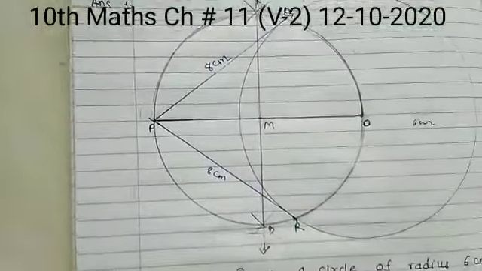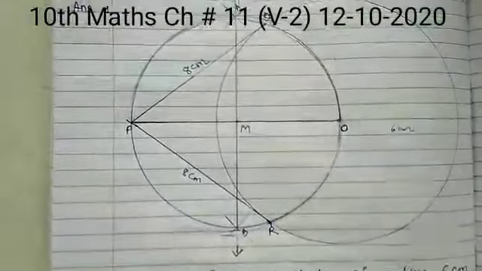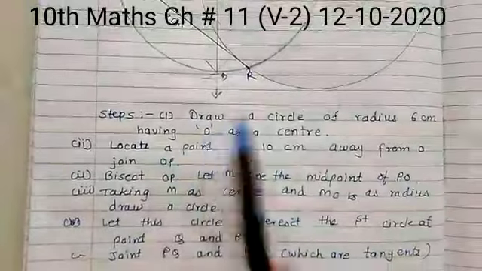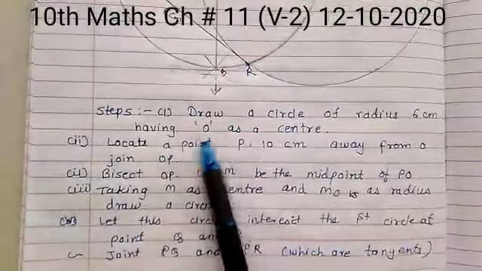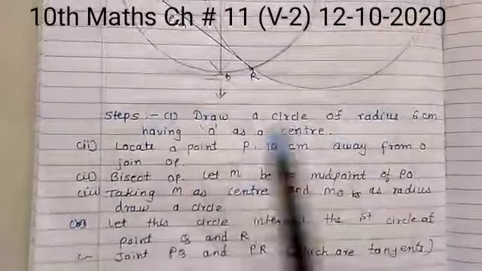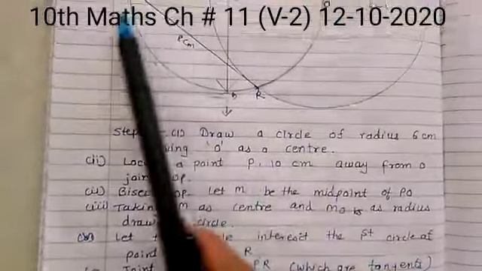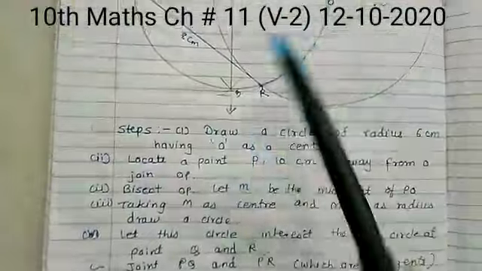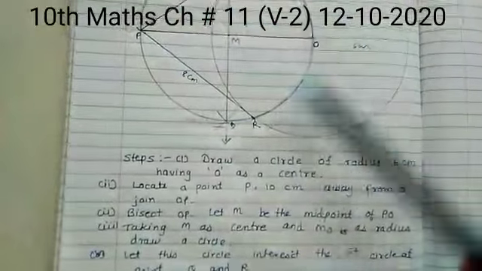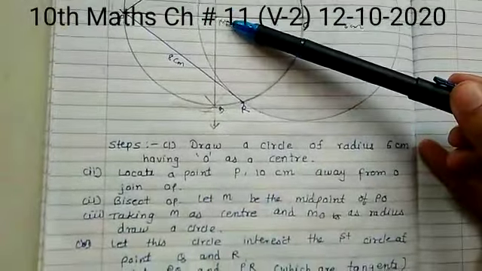Okay students, and afterwards you have to write the construction. This construction is over, and we have measured also. First step, draw a circle having O as center and radius 6 centimeter. Now we have located the point P, which is 10 centimeter away from O, and then we have joined O and P. Now we have bisected OP and M is the midpoint of PO.